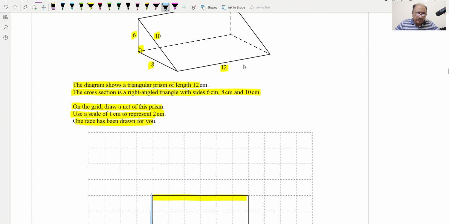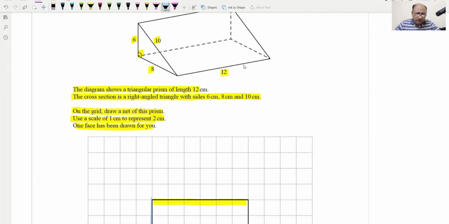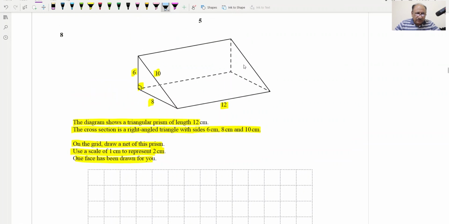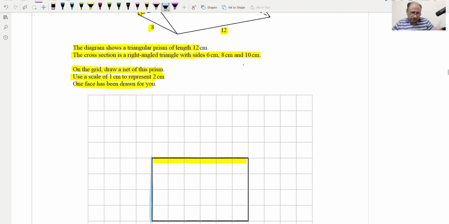and the rest we have to basically draw. So we can check for the other one, 10 and 6. Basically what we can do, we can draw 10 and 6 on this side, so 3 units will be 6 centimeters, and similarly 3 units will be this one.